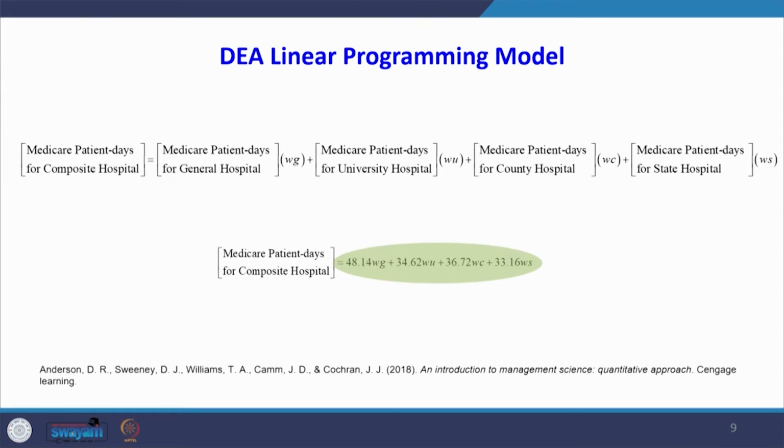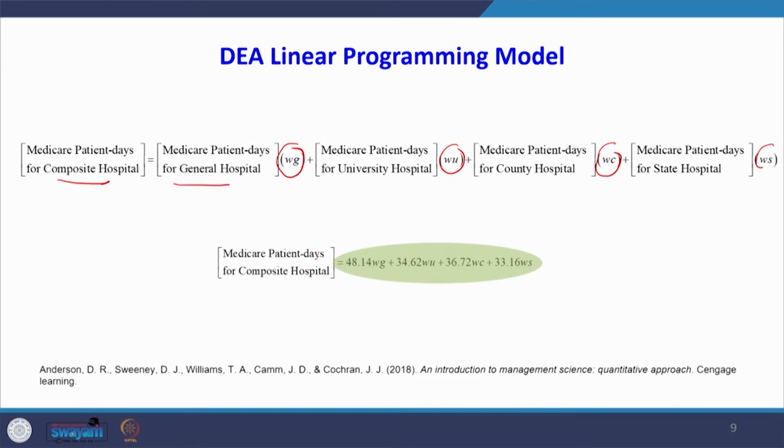Now, we are going to take only one output, for example, Medicare patient days for the composite hospital. So, I am going to find out the Medicare patient days for the composite hospital. How am I calculating? Medicare patient days for the general hospital multiplied by its weight, Medicare patient days for the university hospital multiplied by its weight, Medicare patient days for the county hospital multiplied by its weight, and Medicare patient days for the state hospital multiplied by its weight.